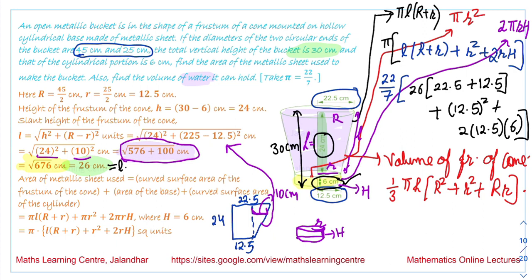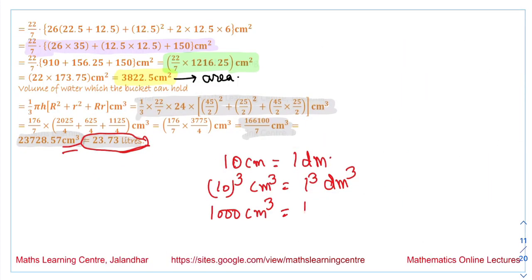How are centimeters converted to liters? 10 centimeter is equal to 1 decimeter. Cubing both sides, 1000 centimeter cube is equal to 1 decimeter cube, and 1 decimeter cube is 1 liter.